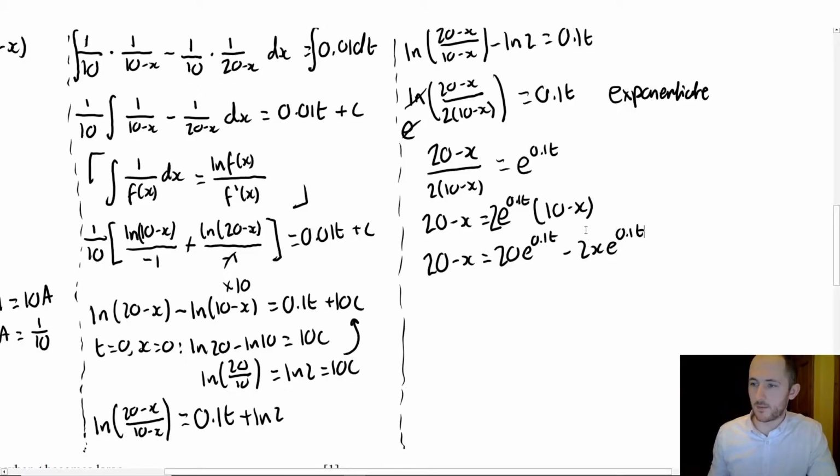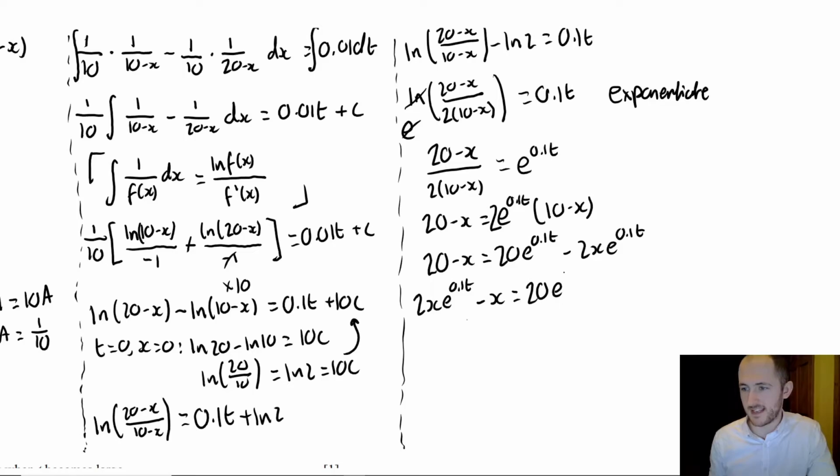I'm going to bring everything with an x to the left hand side and everything with a number to the right hand side. So I'm left with 2x e to the 0.1t minus x equals 20e to the 0.1t minus 20. We can factorize out the 20 if we so choose, which I do so choose.